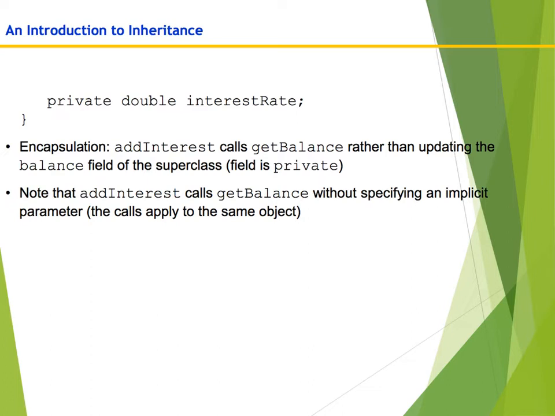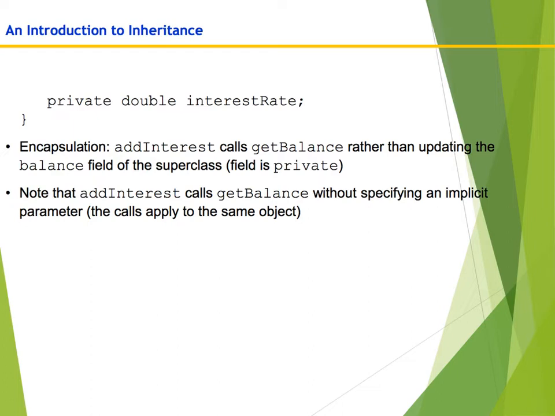Instead, it can call the getBalance method so that it can read those variables, like in this example, balance, and write on them by calling another method. In this example, it was the deposit method. So this feature that you cannot have access to the private fields of your superclass is called encapsulation.